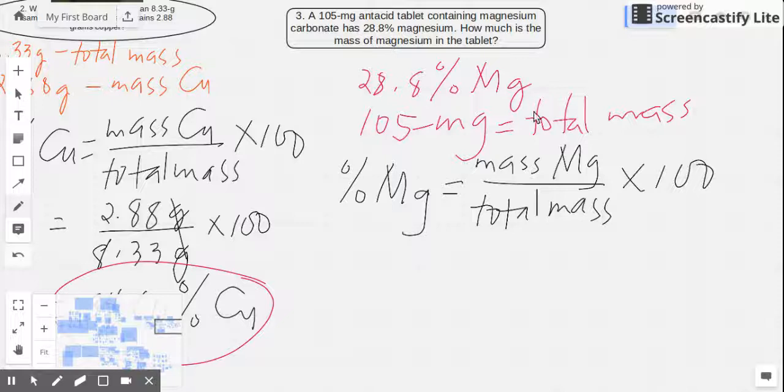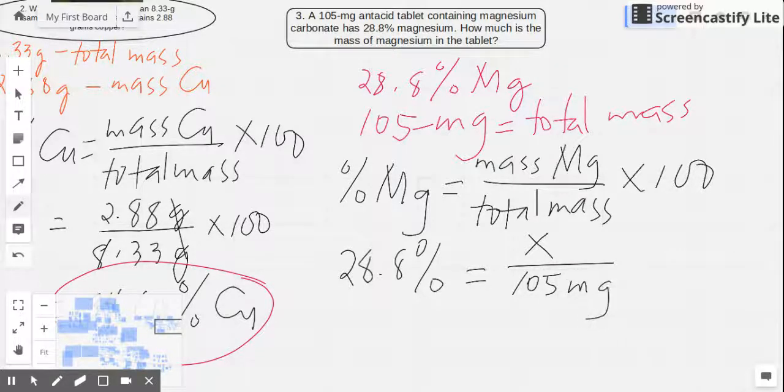Now, let's substitute what we are given in the problem. Percent is 28.8%, then equals, mass of Mg is unknown, so we can write it as X, divided by total mass, so your total mass is 105 milligrams. This time you need to put the unit, so you'll be guided in your final answer. And then times 100.